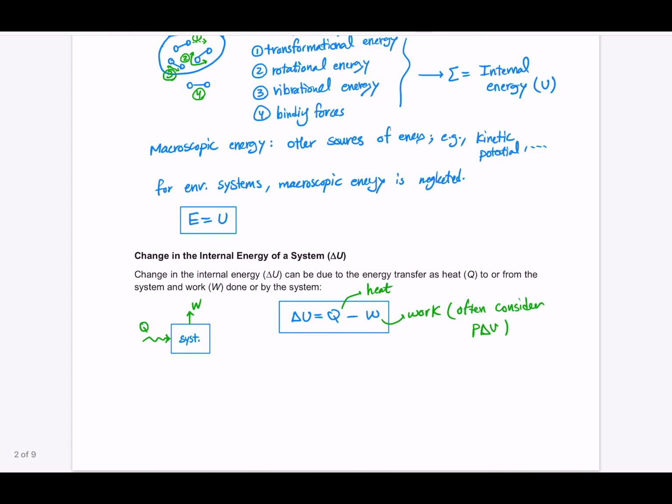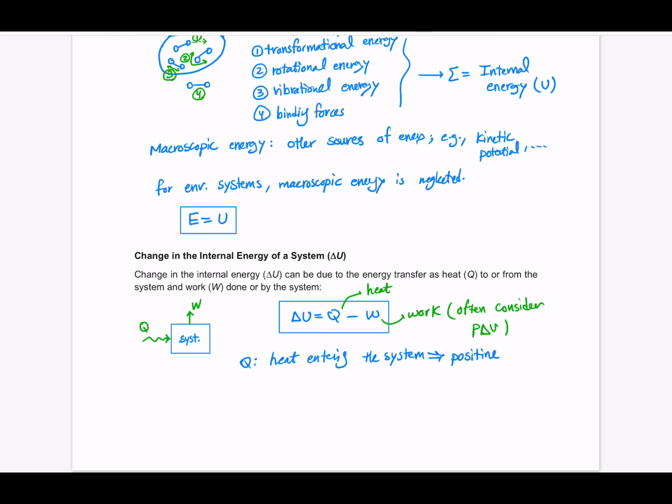In terms of the signs, for Q, heat entering the system, the sign would be positive.